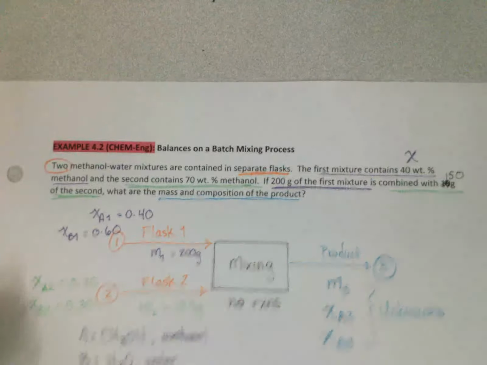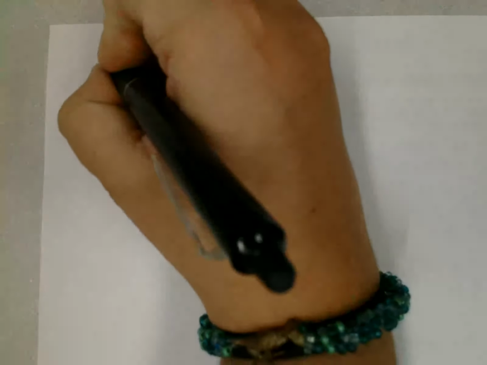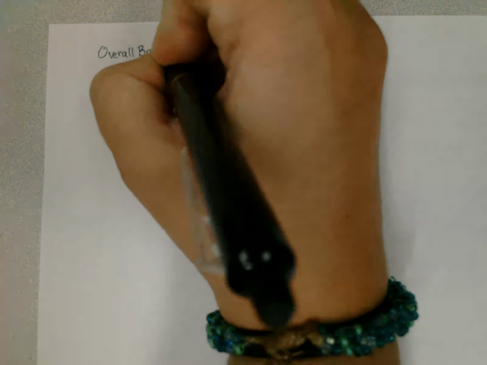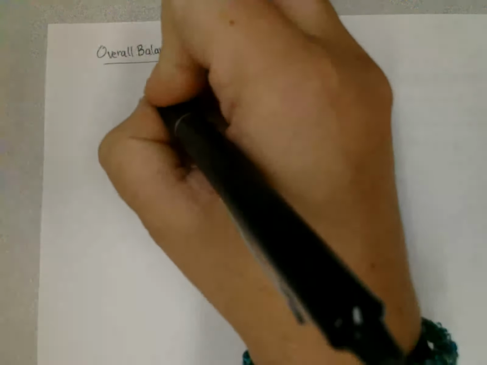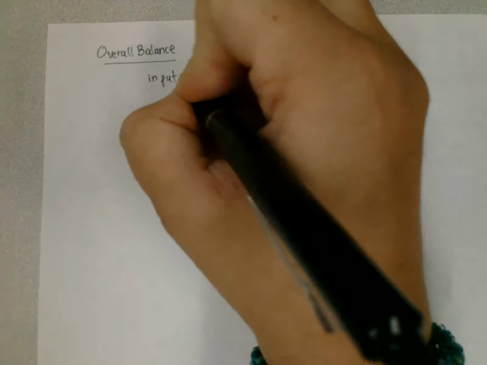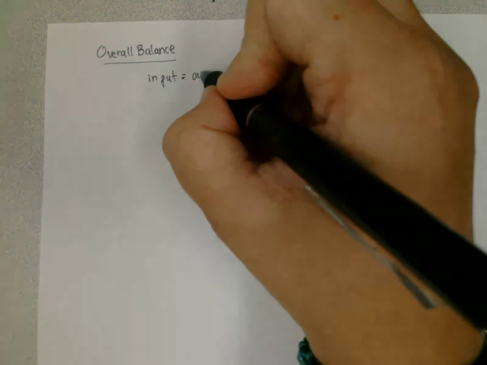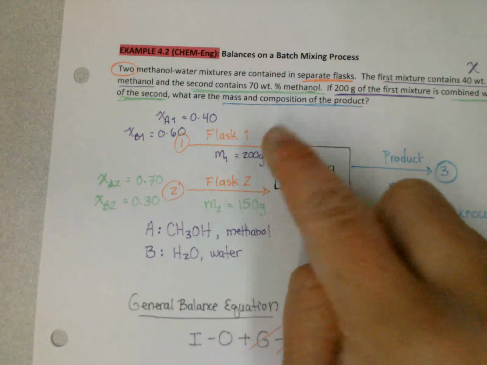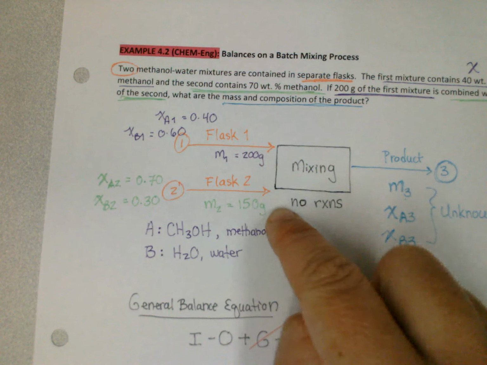So I'm going to flip over to the other side so I have some room. First thing we're going to do is write our overall balance. And our overall balance says that the input to the system must equal the output. Well, if we go back to our flow diagram, we have two inputs, mass 1 and mass 2.